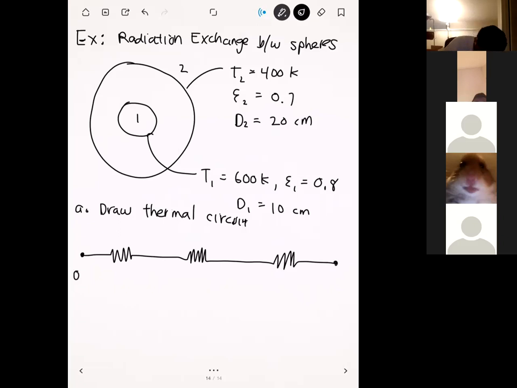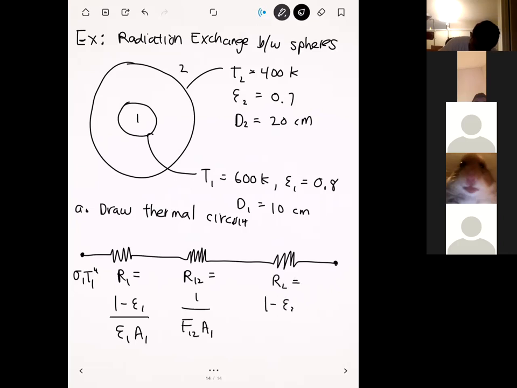Right, and so our circuit looks like this.